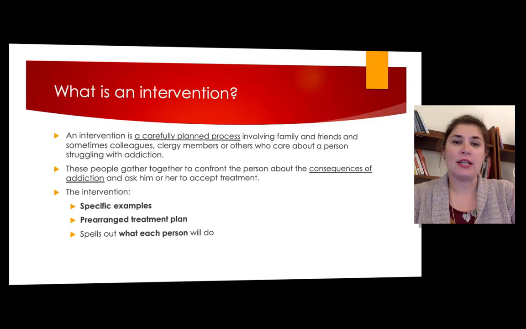An intervention is a carefully planned out process. They should not be done spontaneously, and professionals who conduct an intervention put a lot of careful consideration into who is involved and what the best tactics to be used are.